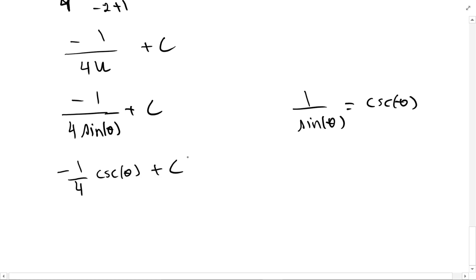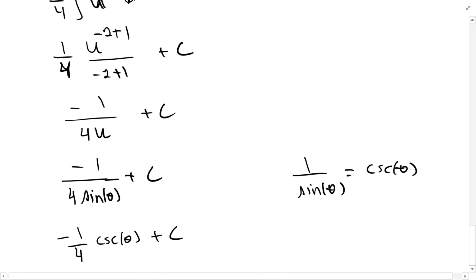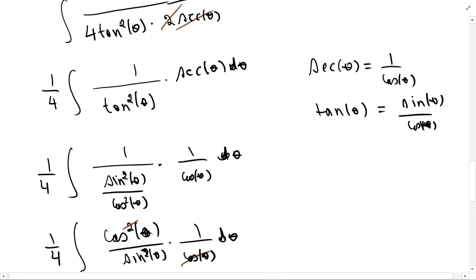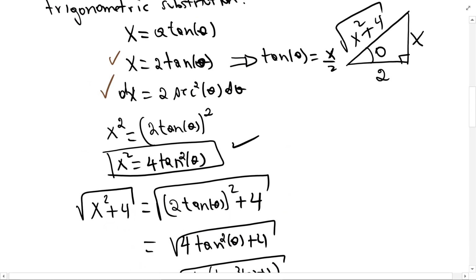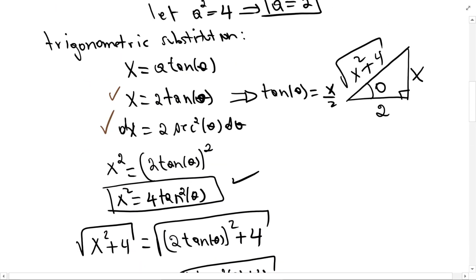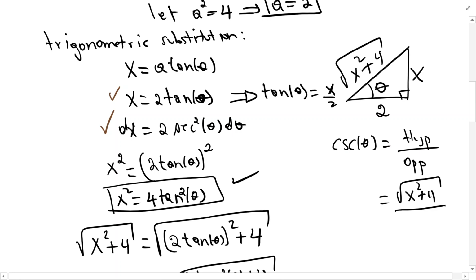Now, what is cosecant? We go back to the right triangle. Since this is our right triangle, to find cosecant theta, by definition it's hypotenuse over opposite. So that's the square root of x squared plus 4 divided by the opposite side, which is x.